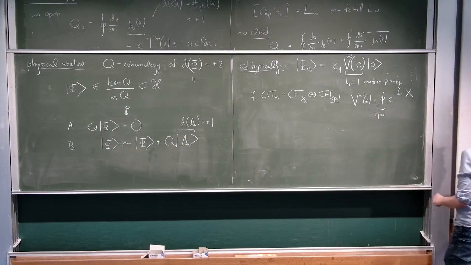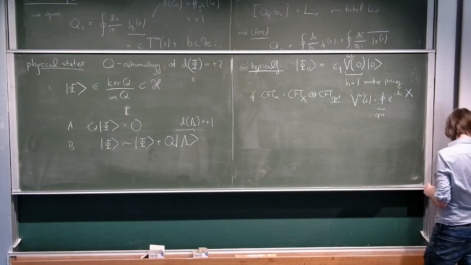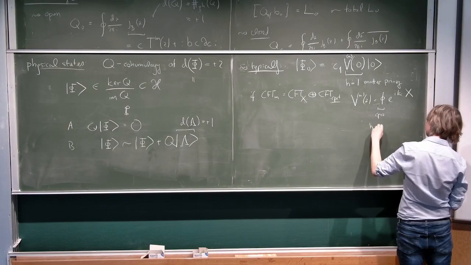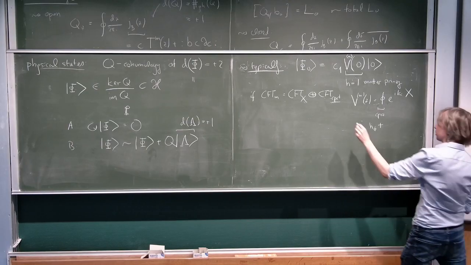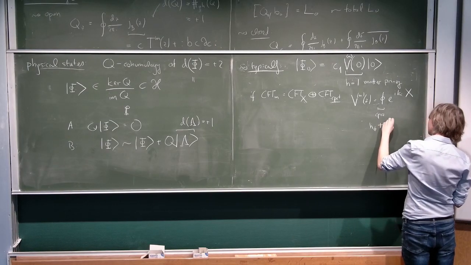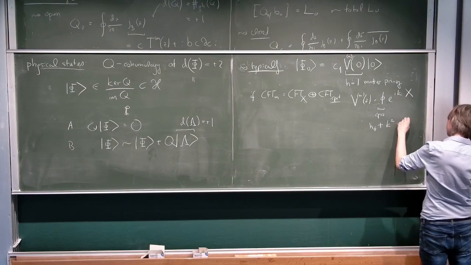But that is a very simple example of what would have been a matter primary, right? And it will be weight 0 as long as I satisfy the condition that the dimension of this field phi, which lives in the compact part of the Hilbert space, plus k squared, where k is the momentum of this plane wave, is equal to 1.